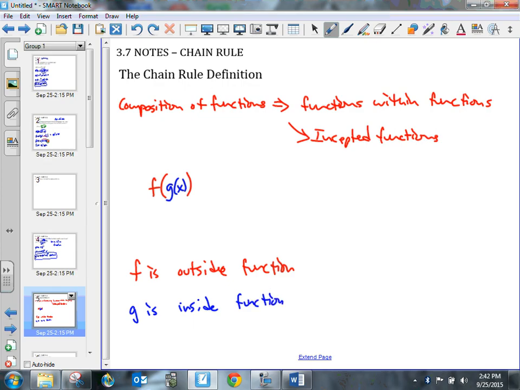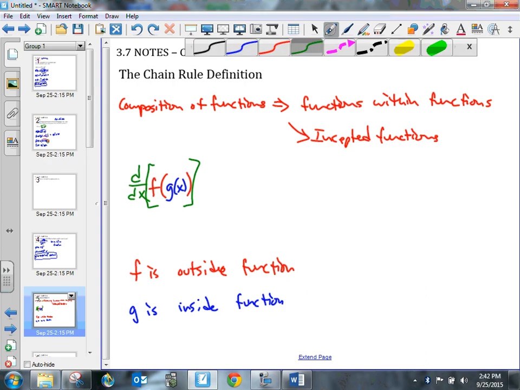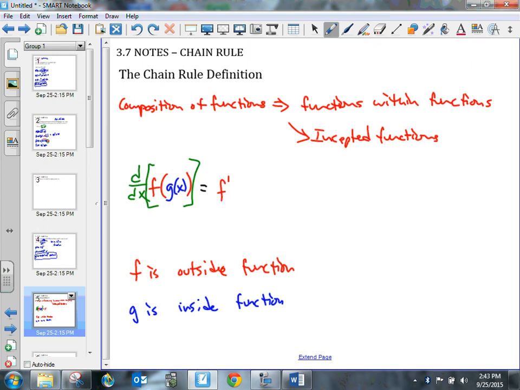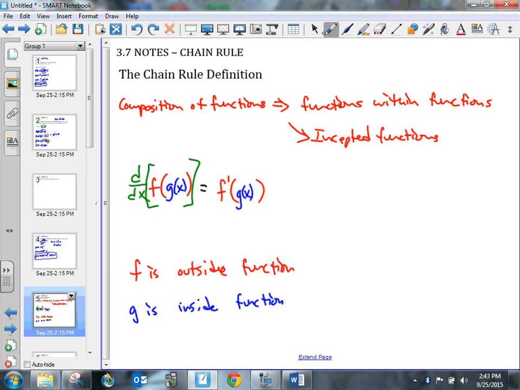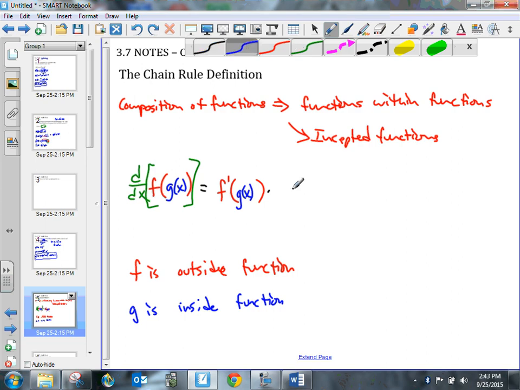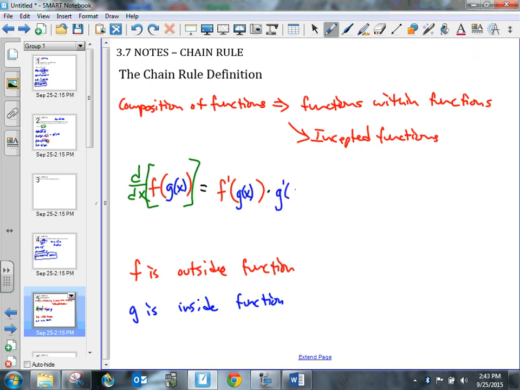Okay, so if I took the derivative with respect to x of this composition of functions, these nested functions, then here's what I end up getting. I'm going to get the derivative of my outside function, so f prime of g of x, and then I'm going to multiply that by the derivative of my inside function, g prime of x.